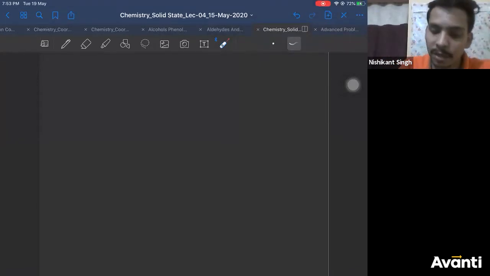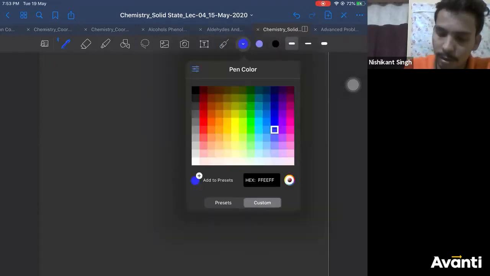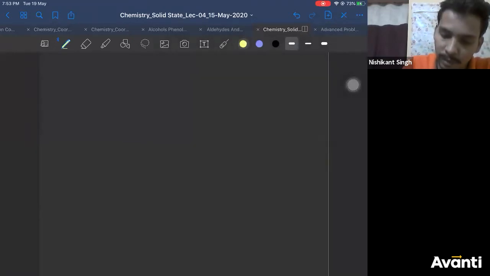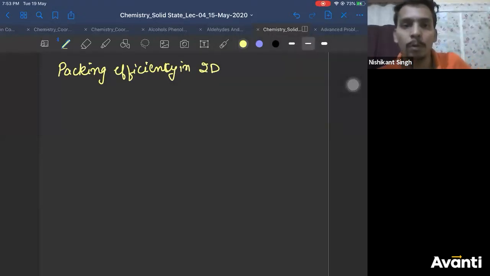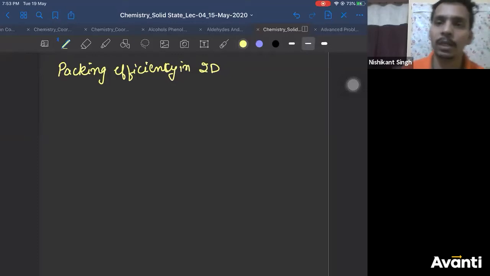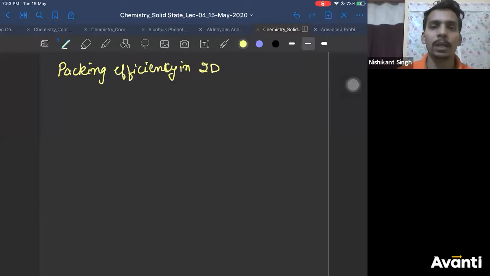So guys, packing efficiency in 2-dimension. Just see this carefully. What will change and how it will change? All of you please pay attention.